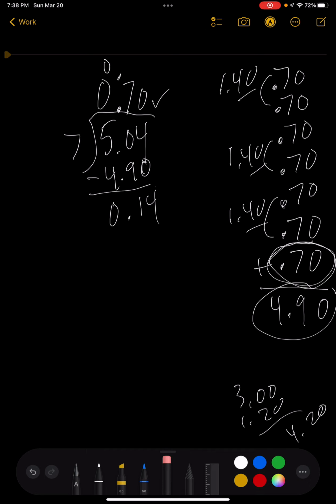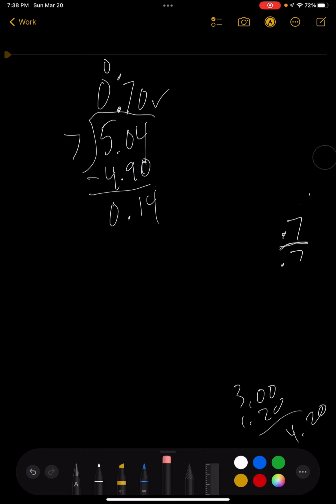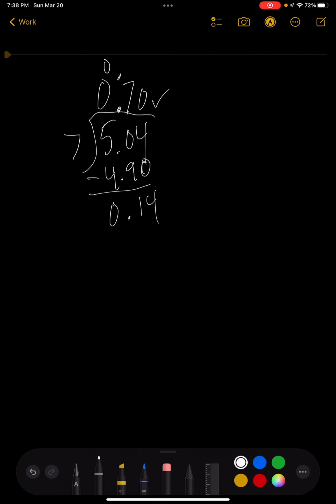And I'm going to use what we just did again, because I think it will help. Okay, there is something that I need 7 sets of, and that's going to equal 14 hundredths. Well, I know 7 times 2 is 14, right? If we're talking whole numbers. So let's do it with pieces.